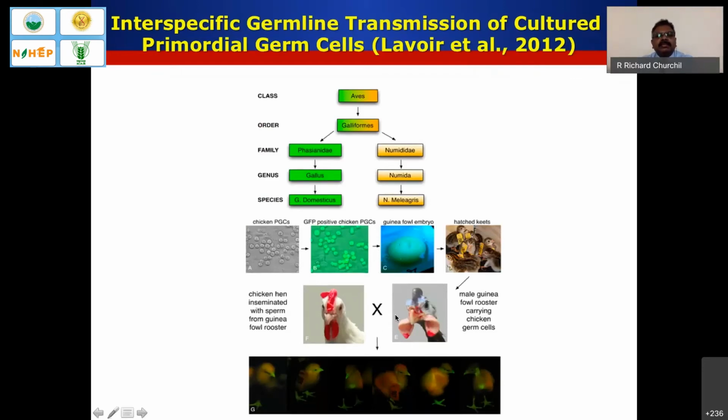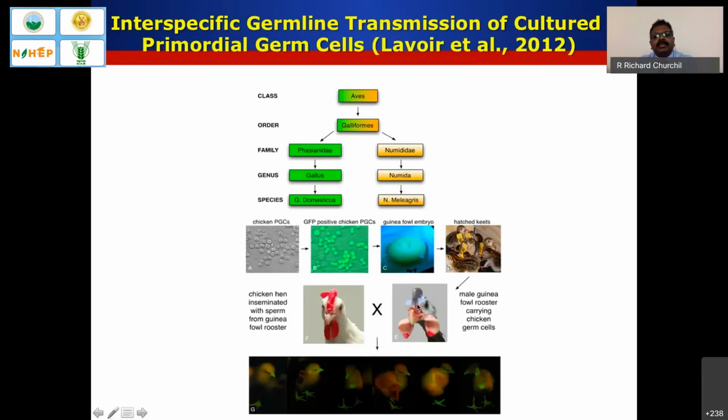Here, the two species used are guinea fowl and chicken, and the stem cells of chicken are collected and inserted into the guinea fowl. So chimeric young ones of guinea fowl were produced, which carry the chicken cells also. So this chimeric guinea fowl will produce sperms with the chicken genome.